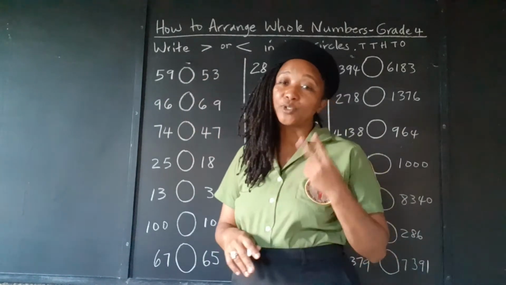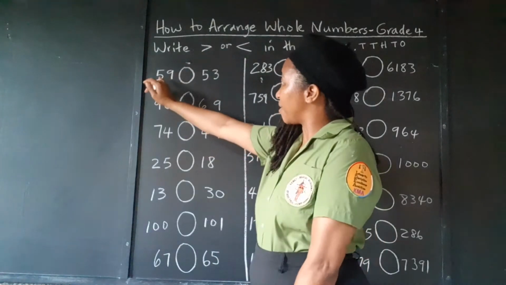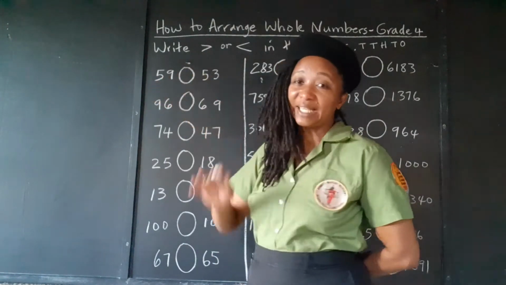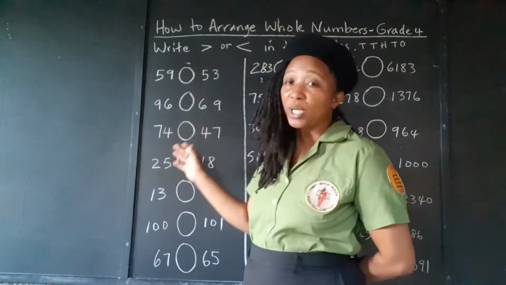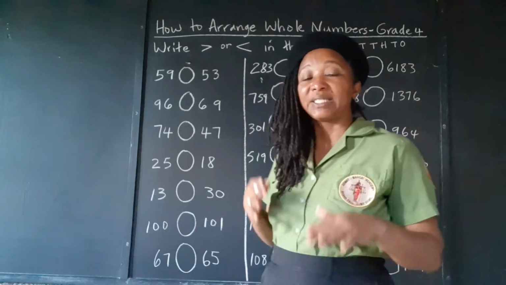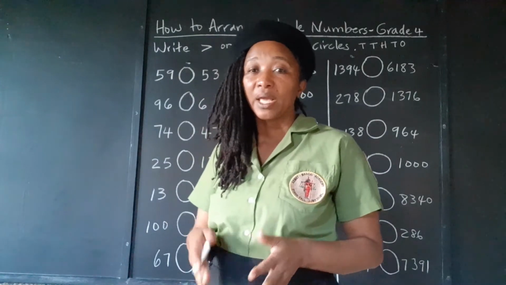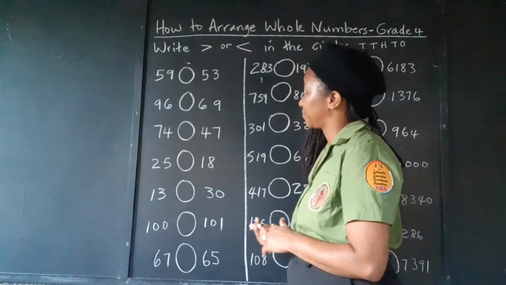They both have two digits, right? So we're going to compare the fives. They both have 5 in the tens place, 5 tens. So then we go to the ones place. If they have the same digit in the same place, then we go to the next one on the right and compare those.